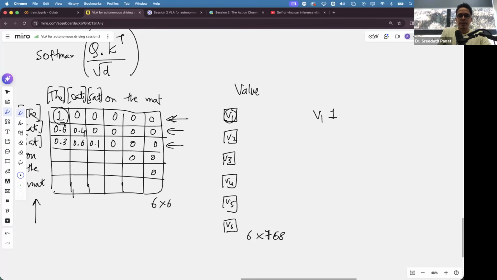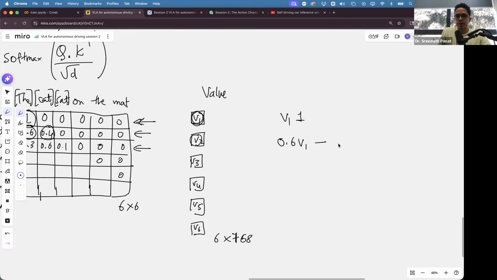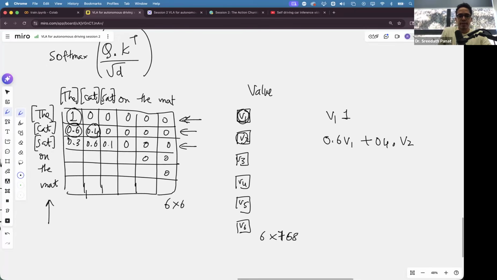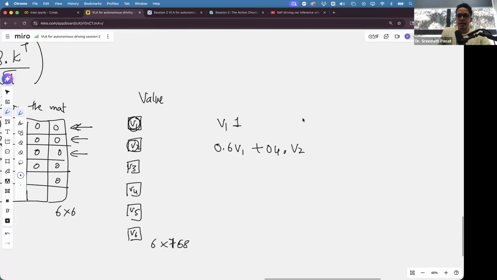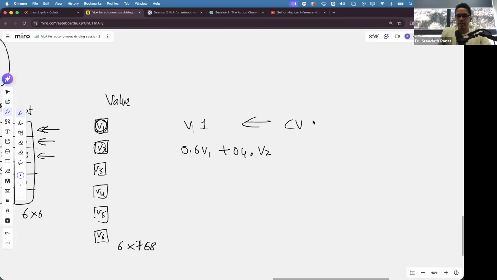Second context vector will be 0.6 multiplied by V1 plus 0.4 multiplied by V2. So 0.6 V1 plus 0.4 V2. And third will be 0.3 V1 plus 0.6 V2 plus 0.1 V3. Now look at this. This is context vector number 1. This is context vector number 2. Next is context vector number 3.